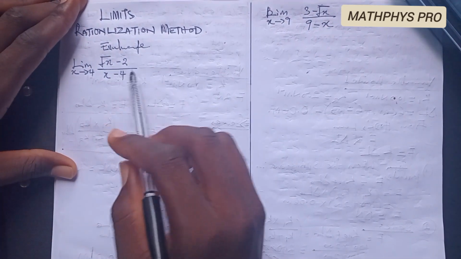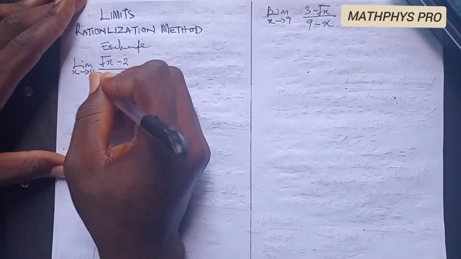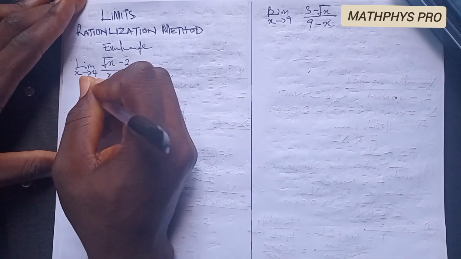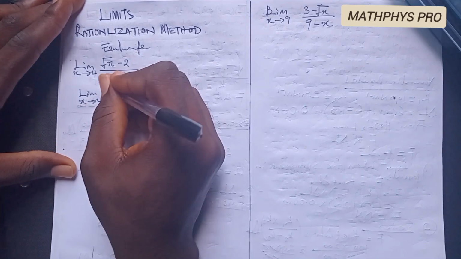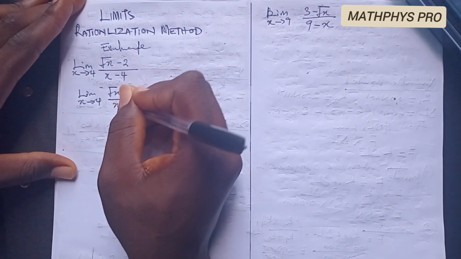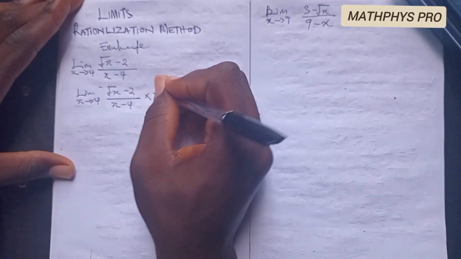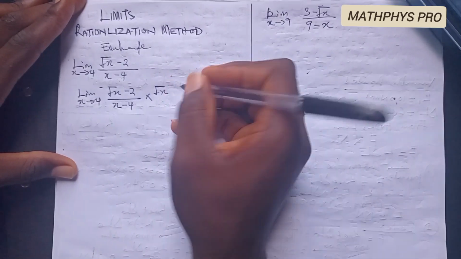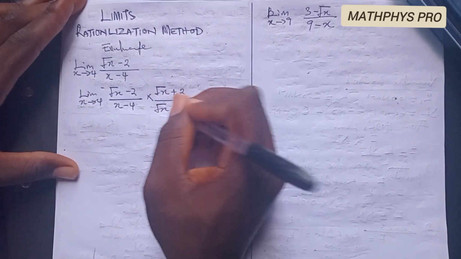So now, let's find the conjugate. The limit as x approaches 4 of (root x minus 2) over (x minus 4), times (root x plus 2) over (root x plus 2).